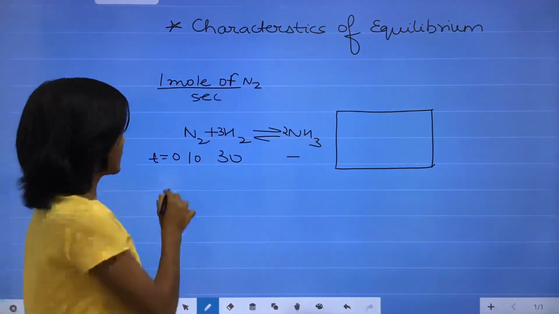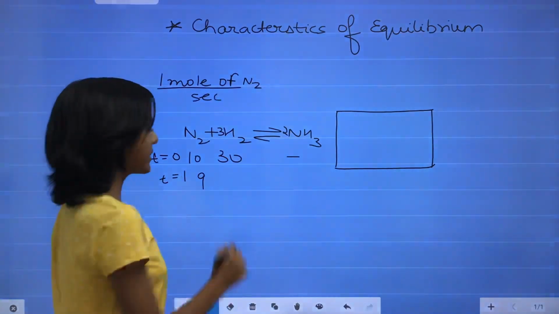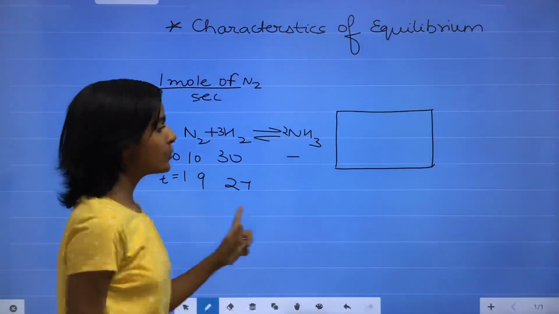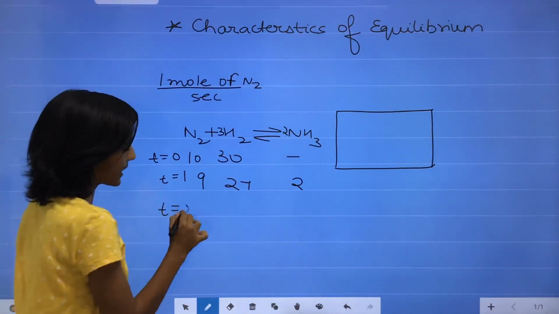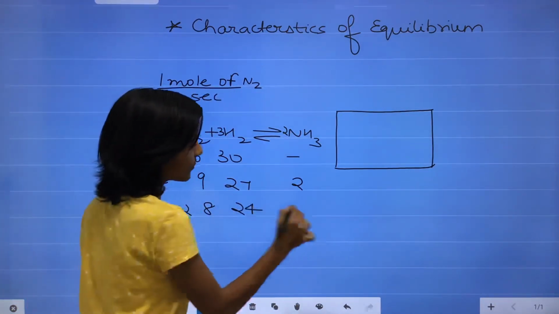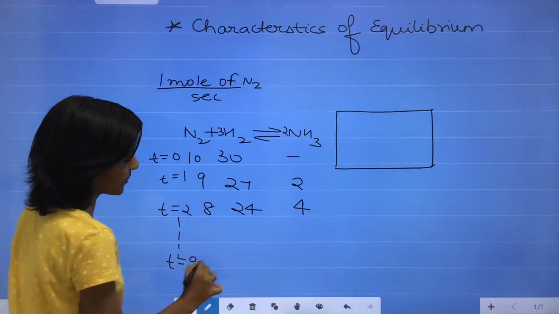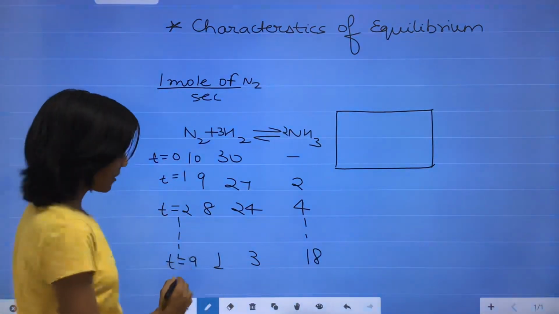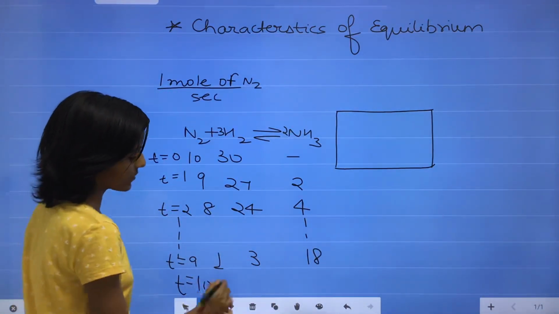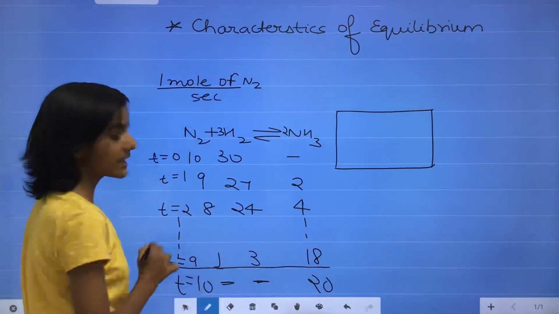So at t equals 1 second, this will be 9, and 3 moles of hydrogen are reacting, so this will be 27, and 2 moles of ammonia are formed, so this will be 2. At t equals 2 seconds, this will be 8, 24 and 4. At t equals 9 seconds, this will be 1, 3 and 18. At t equals 10 seconds, this will be 0, 0 and 20, where the reaction is completed.